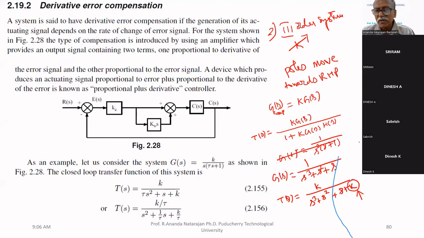But in the closed loop, it becomes part of the denominator. That's why the poles will vary as K varies.